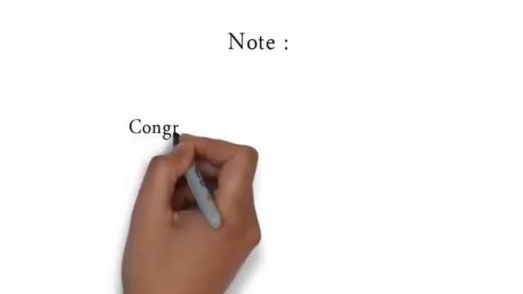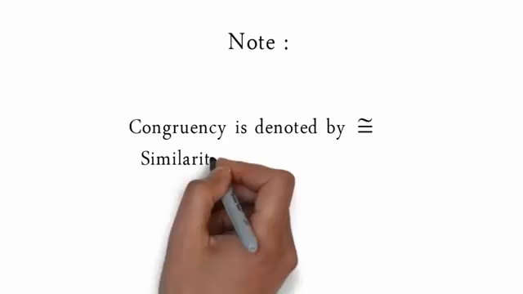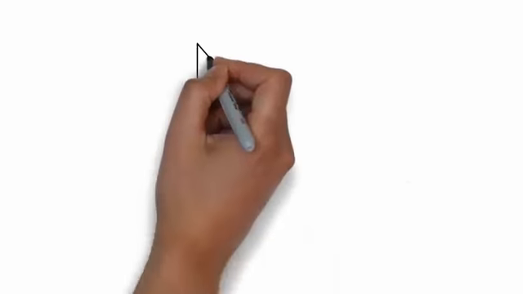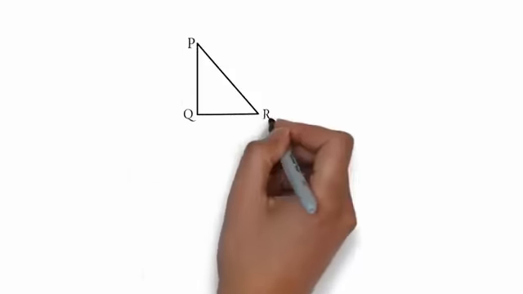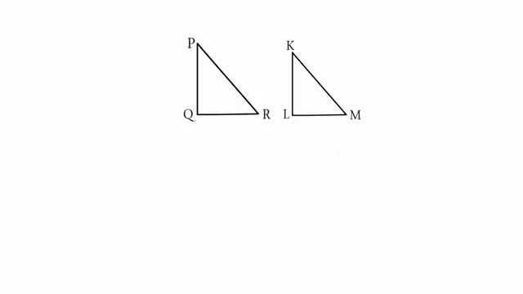Similarity. Note: congruency is denoted by a congruence symbol, similarity is denoted by a similarity symbol. For a certain one-to-one correspondence between the vertices of two triangles, if their corresponding angles are congruent and their corresponding sides are in proportion, then the triangles are said to be similar triangles.